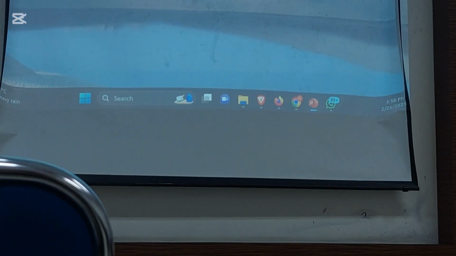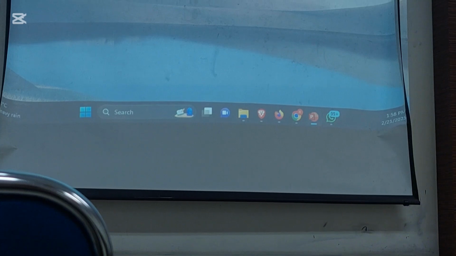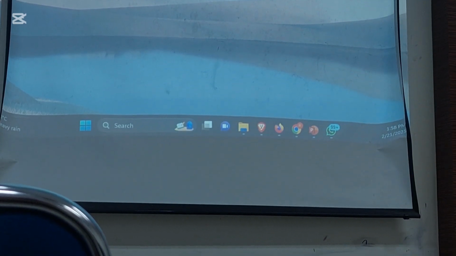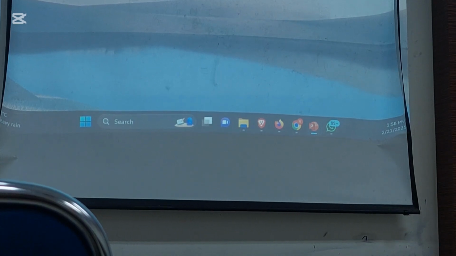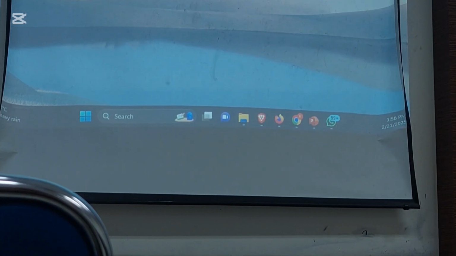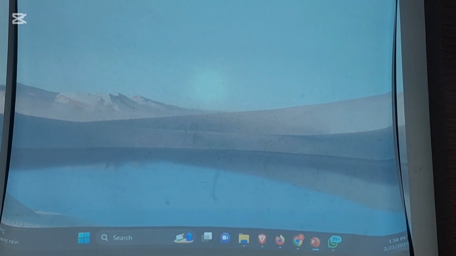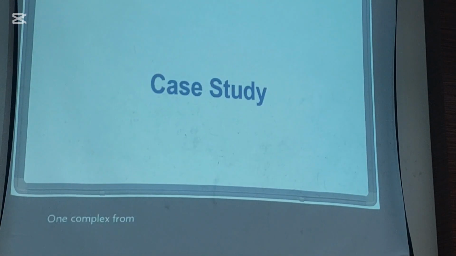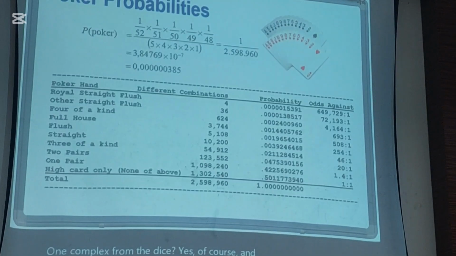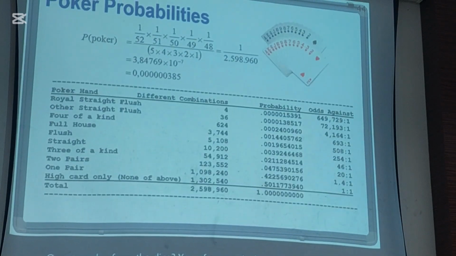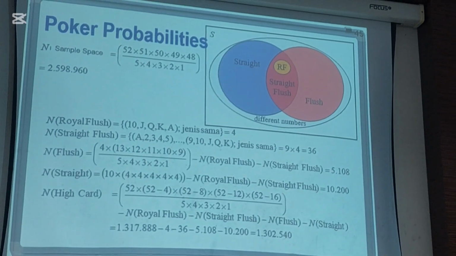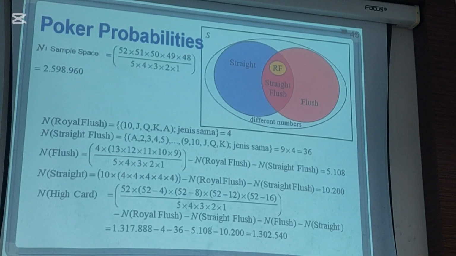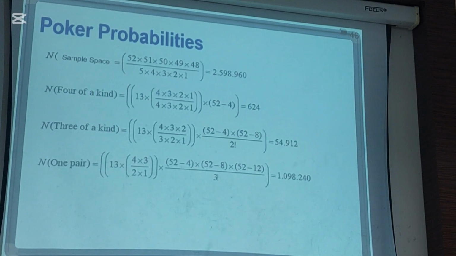The poker distribution, can it do that or no? For poker probabilities, it's more complex than the dice one, right? Yes. The probability of poker is more complex than dice, yes. And then in this slide we only calculate the number of flushes, the number of straights that we can get.